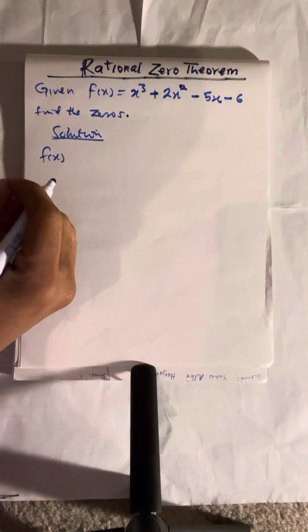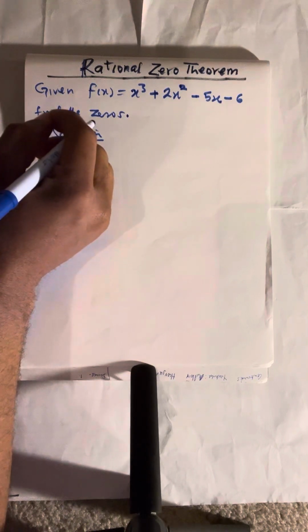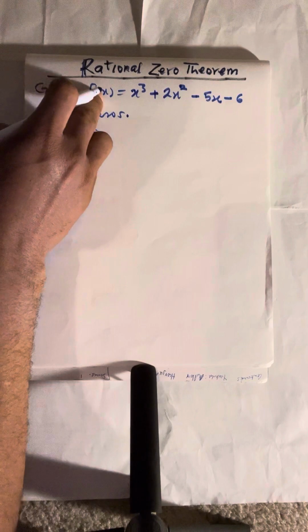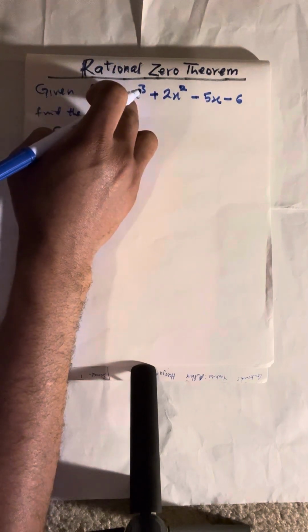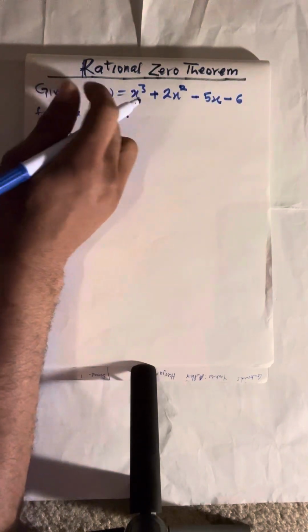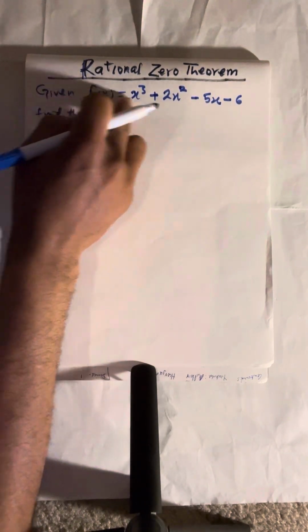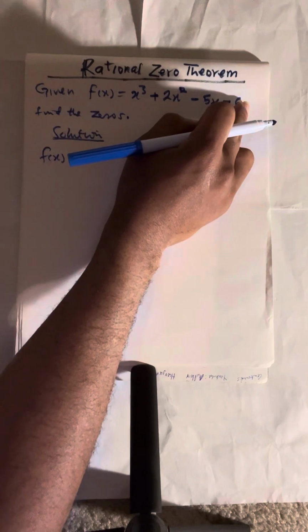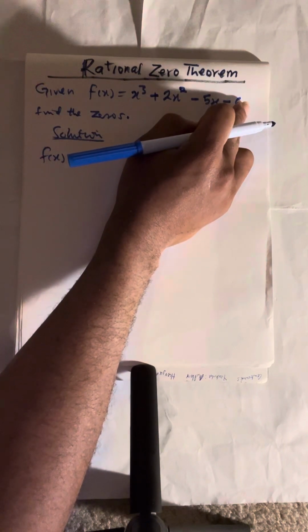It's also the same as saying find the x such that when I put it into this function, it gives me 0.